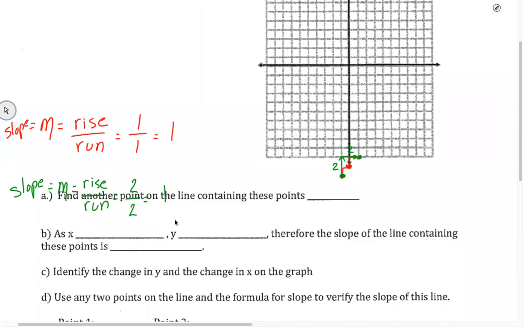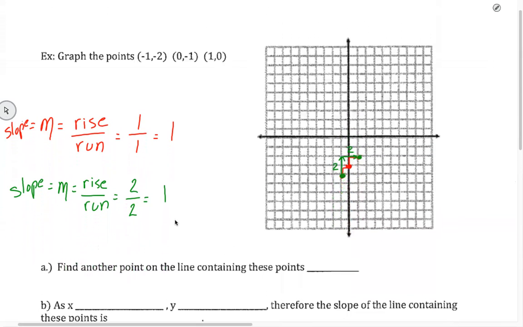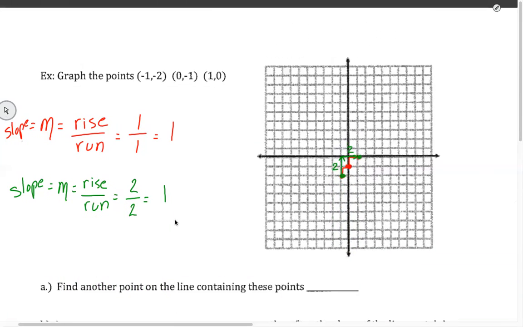Now it says find another point on the line containing these. Let's keep that up on the board. To find another point, it's quite simple. I just follow the set of directions. Slope is like a set of directions. Like when somebody tells you how to get from the Wawa on Baltimore Pike to, say, Apollo Pizza.